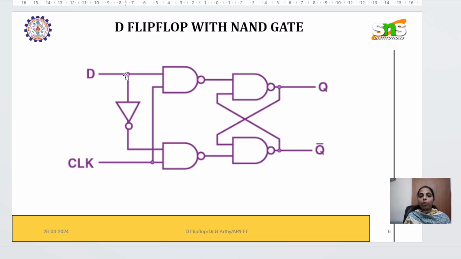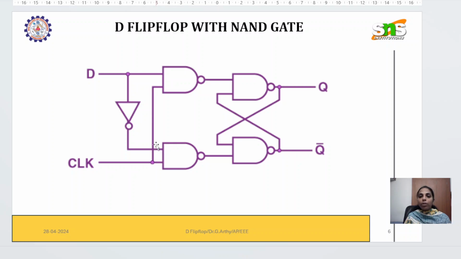Listen here. D is given directly, and let us consider D is equal to 0. So if D is equal to 0 for NAND gate 1, and see, this is an inverter, or a NOT gate, the output of this NOT gate will be 1. So to this input, 1 is being given. So when S is equal to 0, R will be equal to 1. That condition is satisfied.